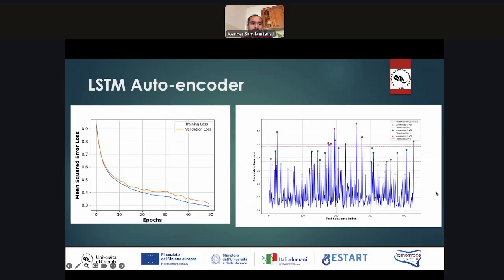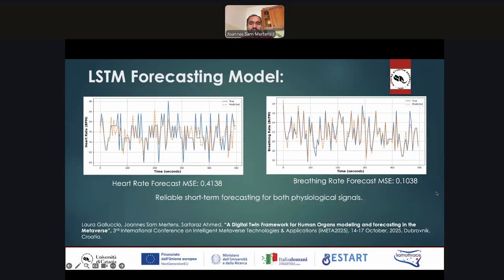And with the forecasting model, we were forecasting both the heart rate and also the breathing rate, and you can see the true values. True values are the values from the data set, from the MIT-BIH data set, and here the orange lines show the predicted value. And we were achieving good performance with both the forecasting cases.